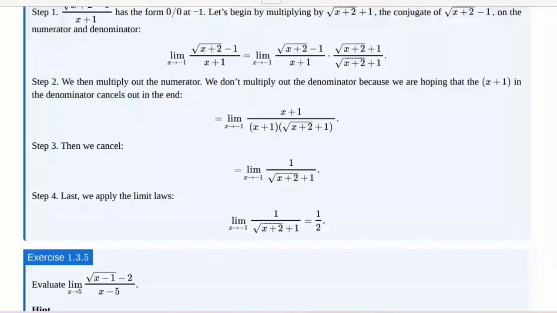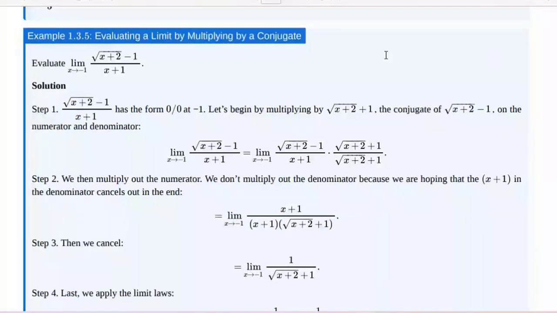I'm asking if we multiply with the conjugate, on the side we have the square root of x plus 2 plus 1, over the square root of x plus 2 plus 1. Is that always going to be the case, or does it only apply when whatever we've been given is over something?